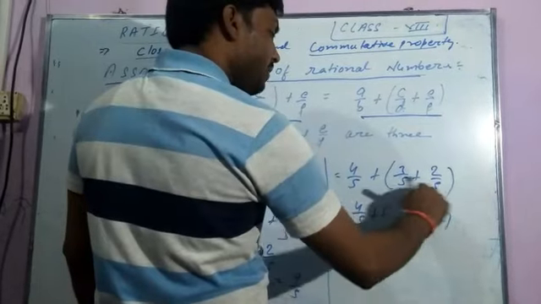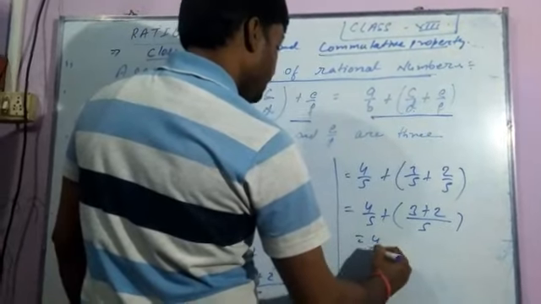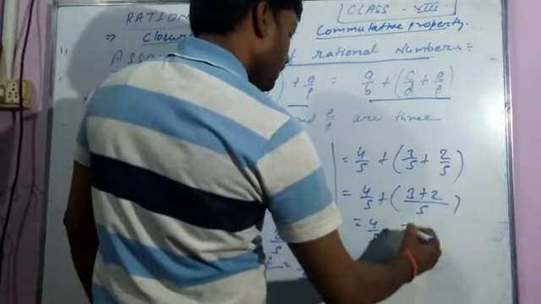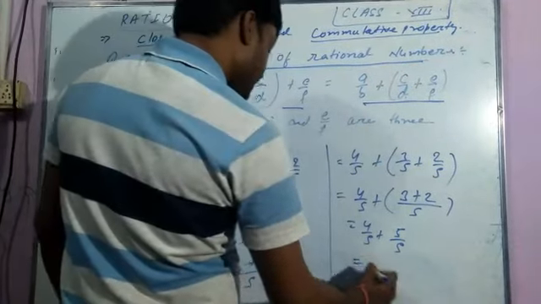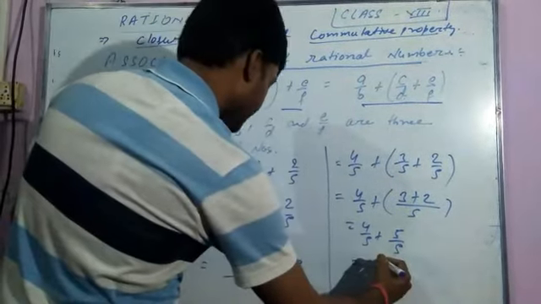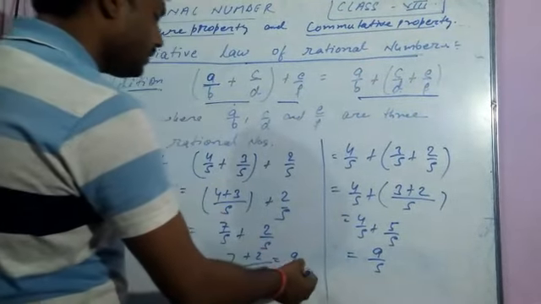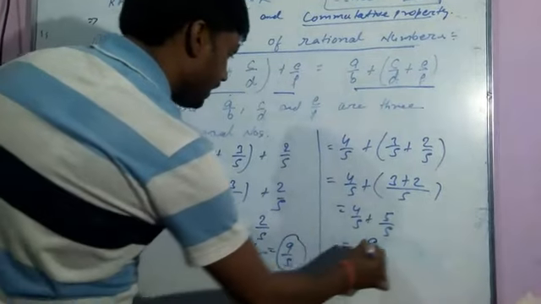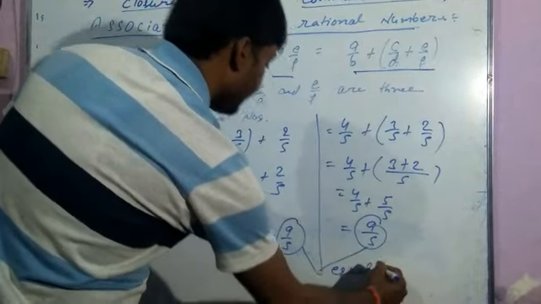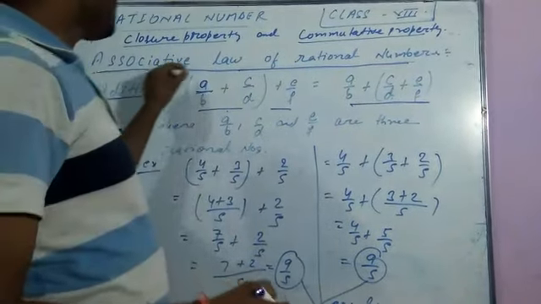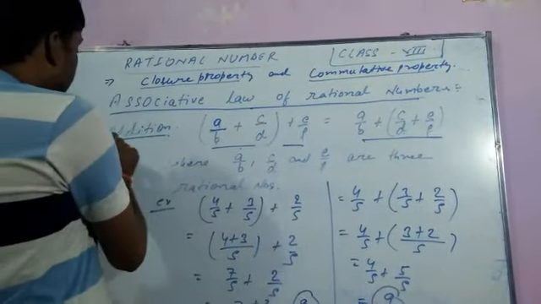The LCM of 5 is 5 and 3 plus 2 here. Then 4/5 plus 5/5. It means we get 9/5. In both cases we get the same, 9/5 and 9/5. Both are equal. It means that the associative law of rational numbers is followed by addition.